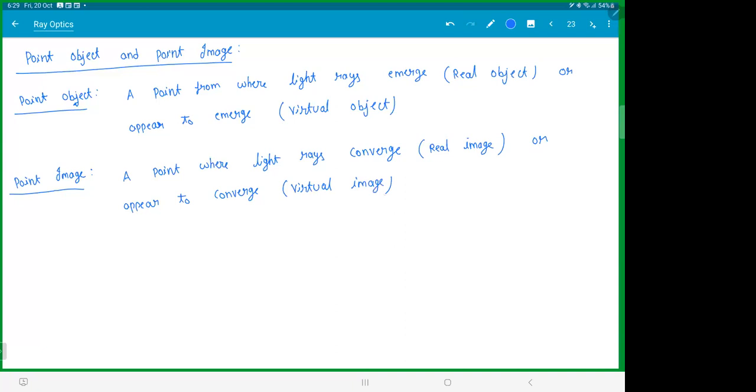Now, how do you find the location of an image? I'll give you an example, things will get clearer. Assume two rays from the object.